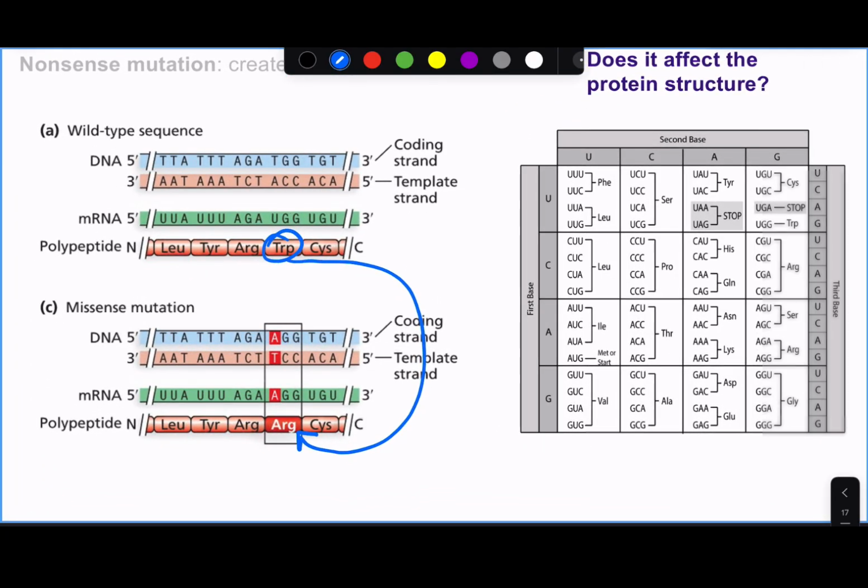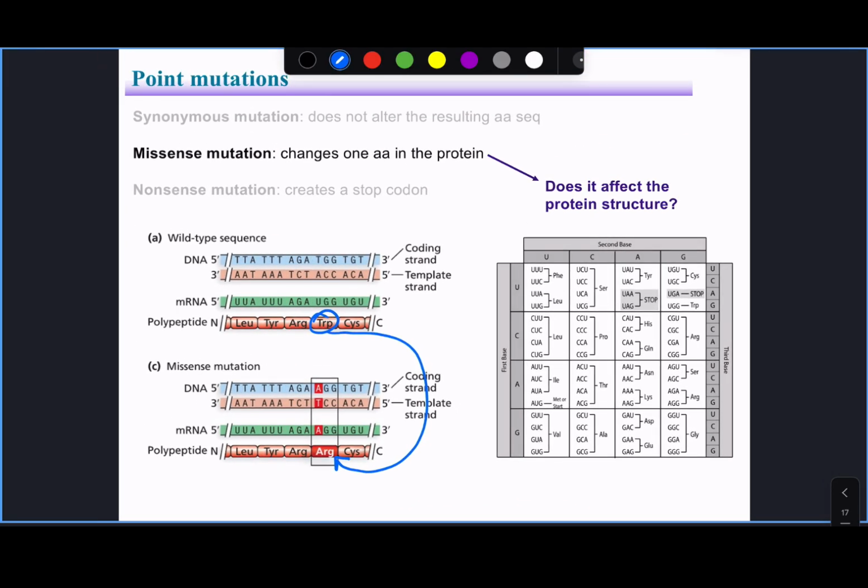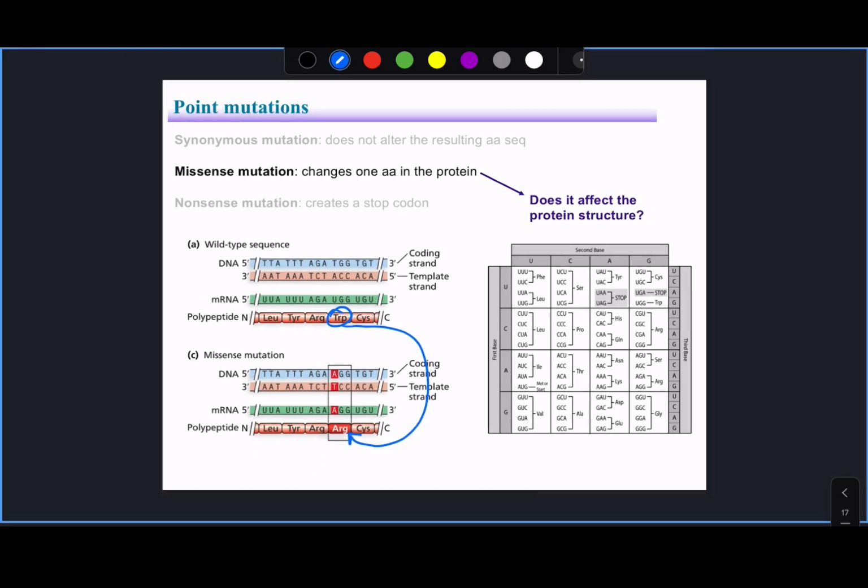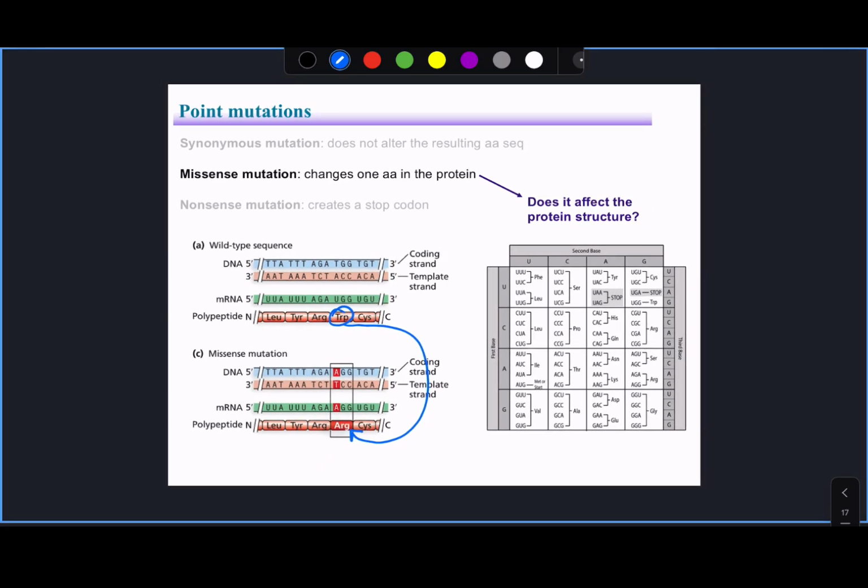My question to you is, do these missense mutations affect protein structure? I guess it would depend on the ones that were swapped and what for. It depends on the protein and what was swapped for what, right? That's absolutely correct. So whether a missense mutation with a change of amino acid will affect the structure of the protein and therefore its function will depend on where in the protein structure that change happened and what that change was.